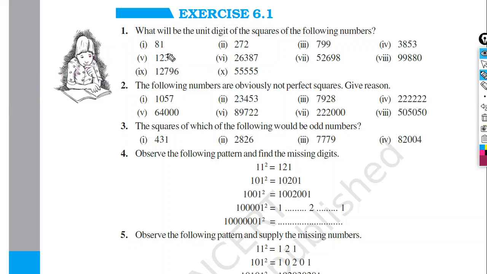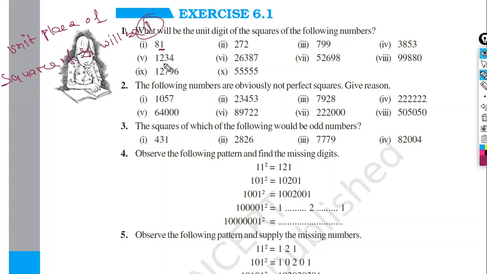Here unit place is 1, 1 square is 1, therefore the unit place of square of 81 will be 1. In this way you can write.